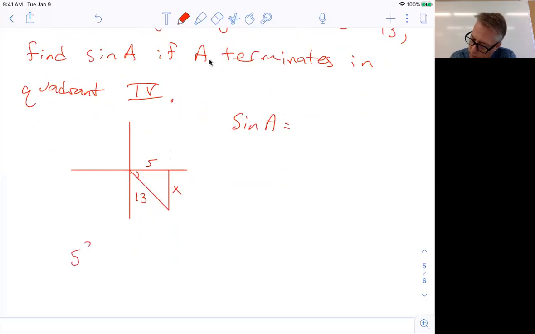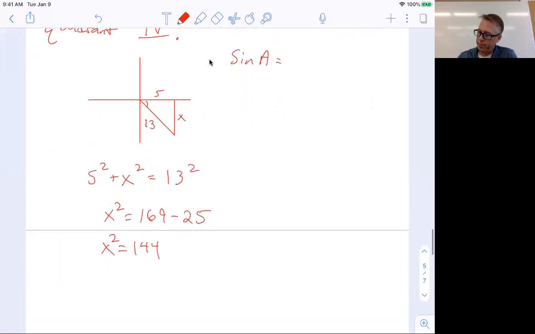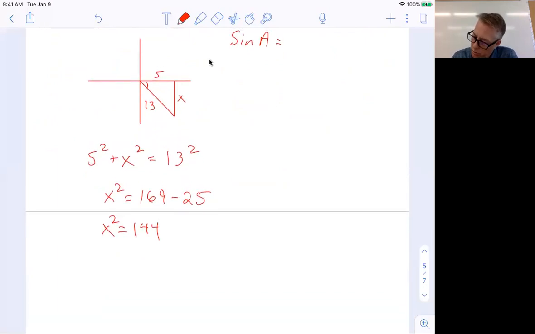We could do 5 squared plus x squared equals 13 squared. And so we have x squared equals 13 squared, which is 169, minus 5 squared, which is 25. So x squared is 144, meaning x comes out to be 12.